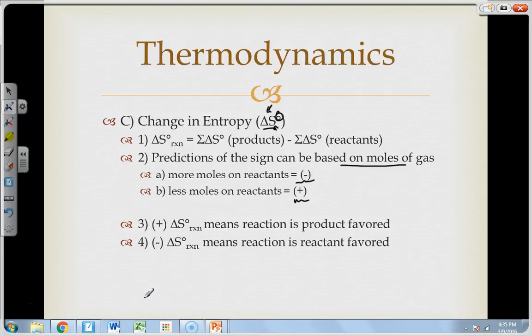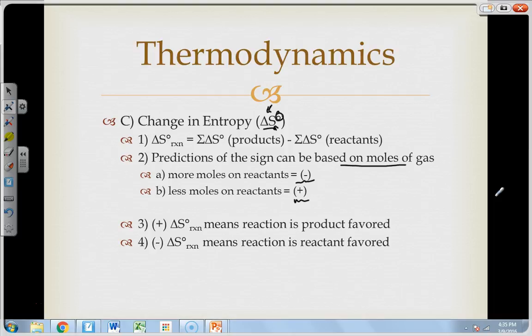Also, there is a sign convention like with enthalpy, but in this case, the signs are a little bit switched around. If you have a positive delta S, that means the reaction is going to favor the products. Again, it's not spontaneous. Spontaneous is a different measure, but a positive delta S means it is product favored.